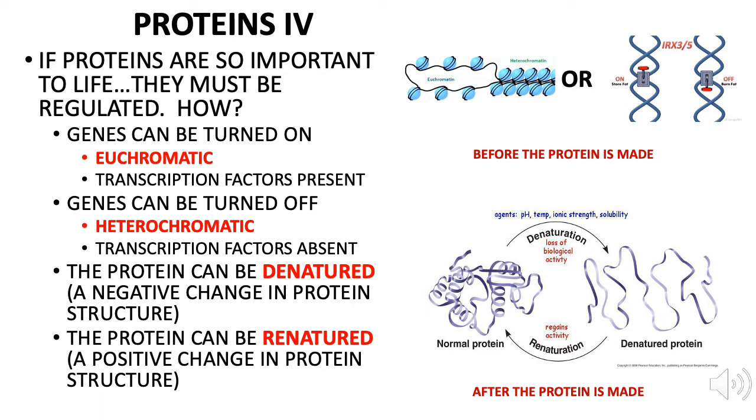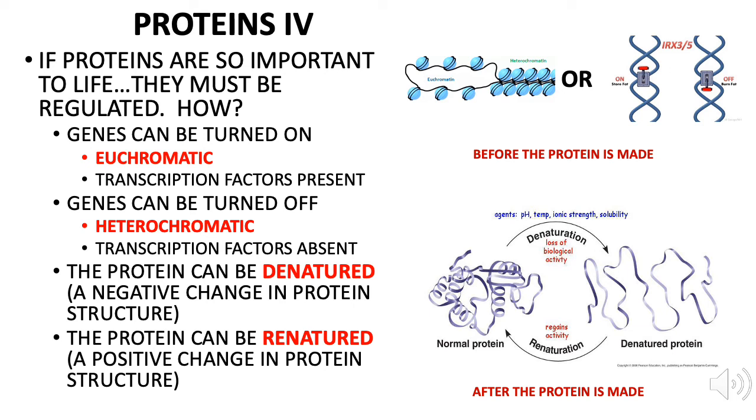And perhaps the best way to regulate them would be at the level of the gene. If the gene contains the instructions for building the protein, there's a number of ways we can actually control whether that protein is in fact made or not at the level of the gene.